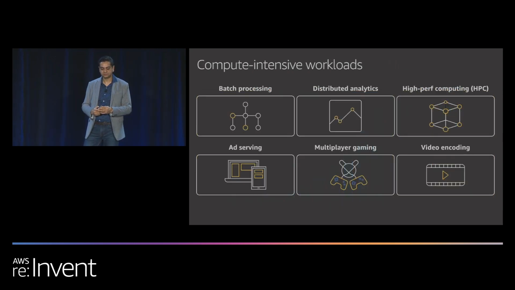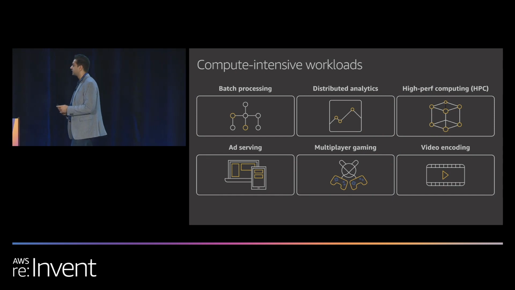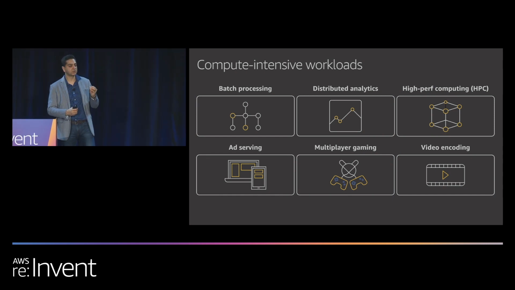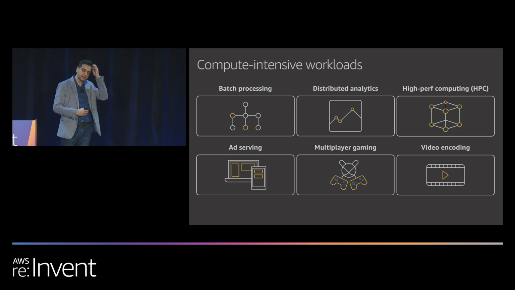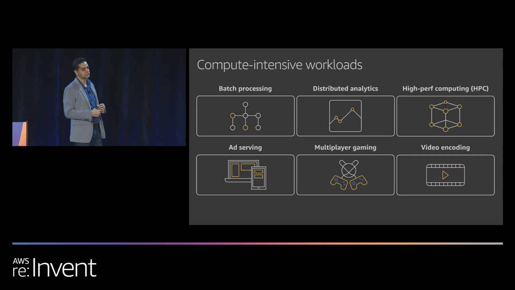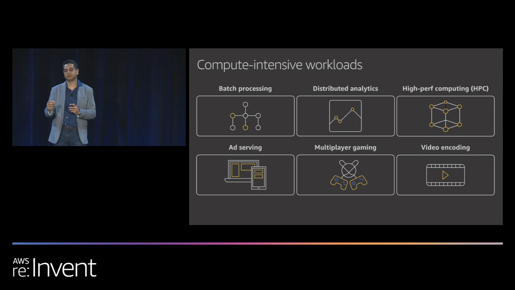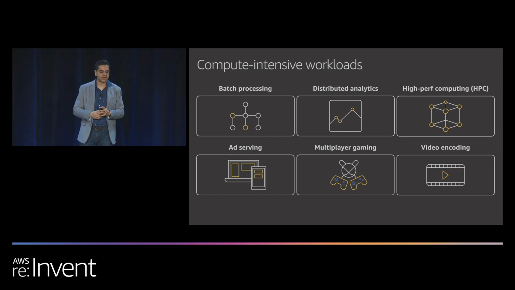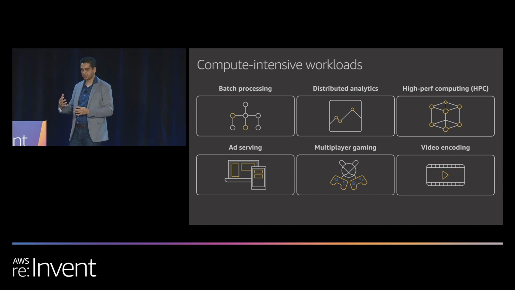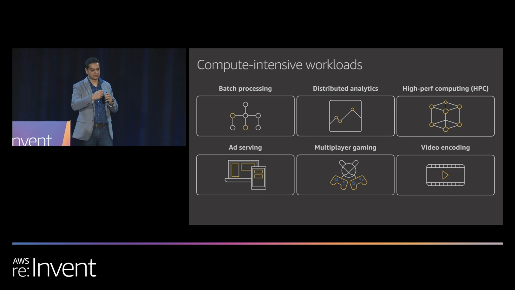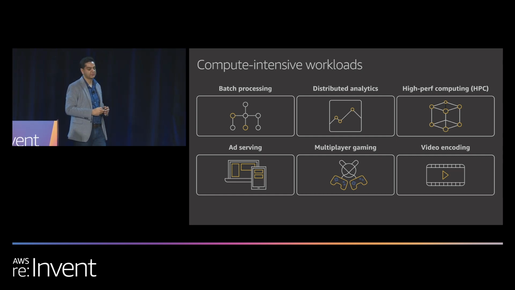All right, so let's talk about compute-intensive workloads. They're noticeably different than the general-purpose workload, and they are sensitive to how fast the CPU can run. What is the frequency it is operating at? This could be batch processing, HPC applications, or video encoding, where applications are sensitive to just this raw CPU performance.